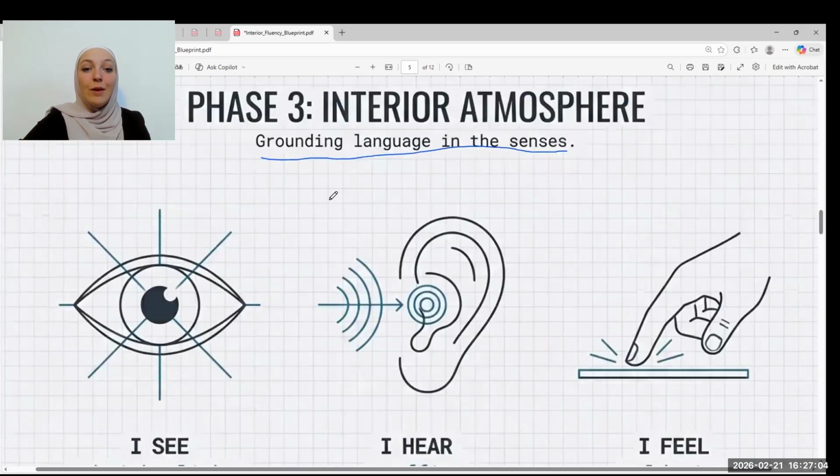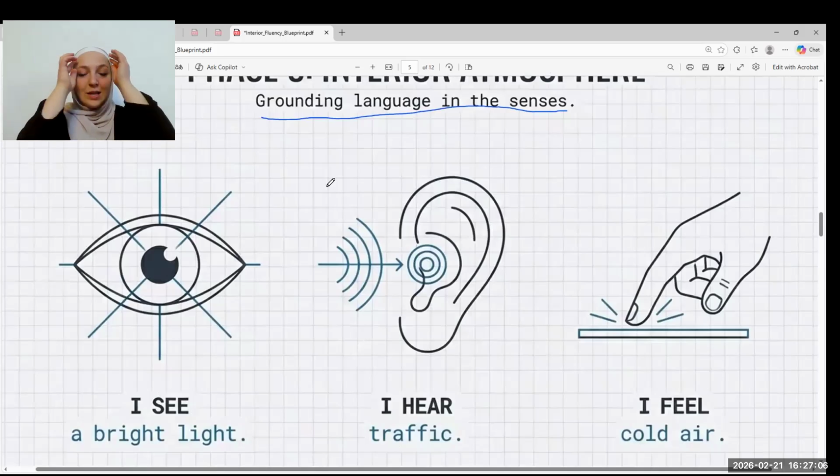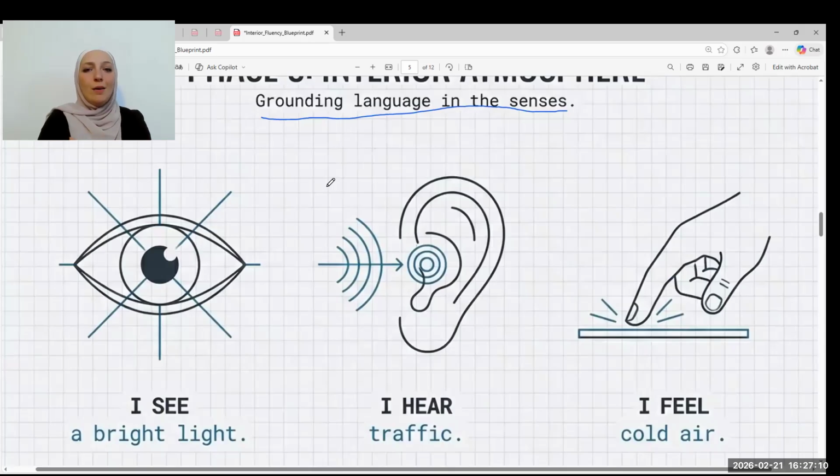Next step, I add the senses. It's really good to use the senses to talk about things around you. So do I see, do I hear, do I feel, touching things? I see a bright color, bright light. There's light, okay. Light is the material, I described it as bright, the adjective bright light. I added the sense: I see a bright light. You have a full sentence.